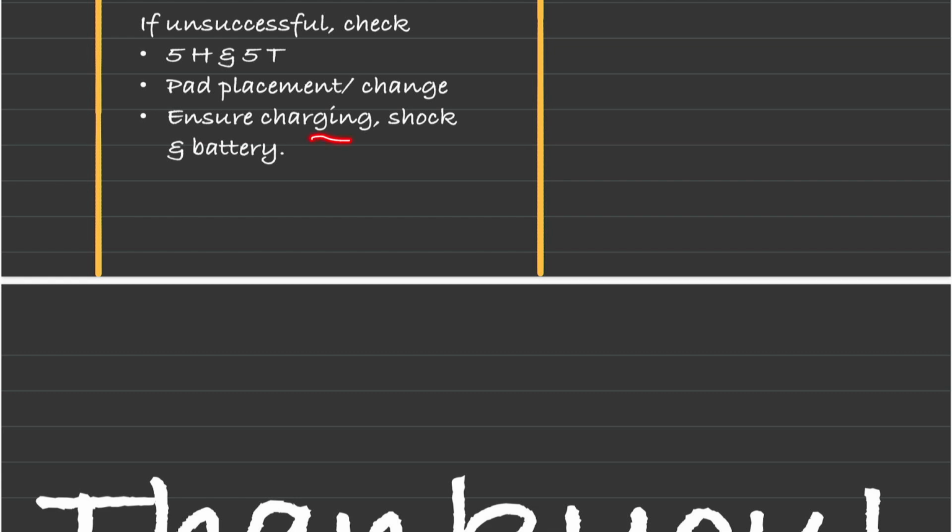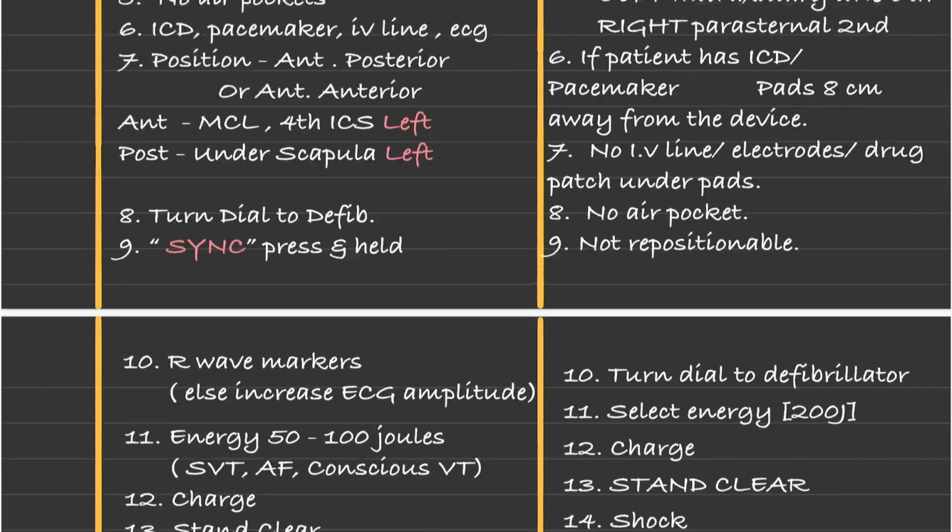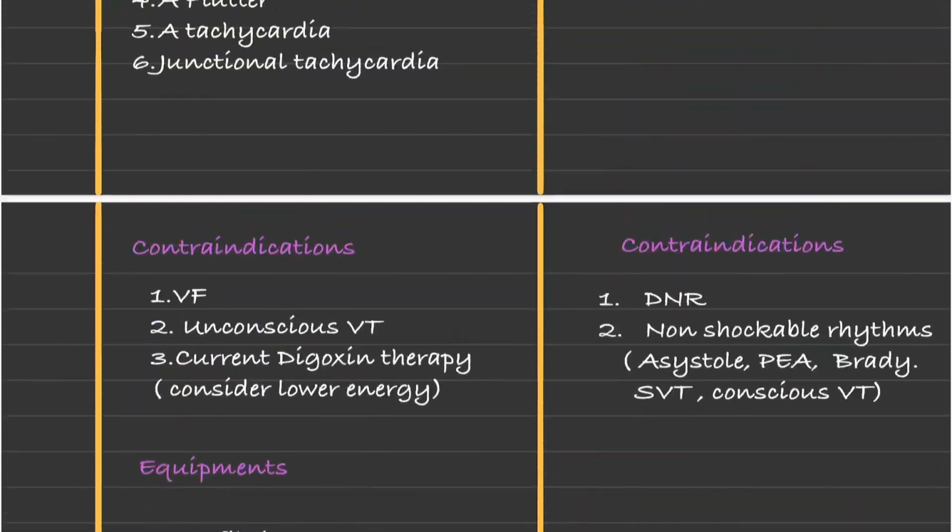We have to ensure that the machine is charged and is able to deliver shock, and the battery is at an optimal level. So this was a basic idea of defibrillation and cardioversion.